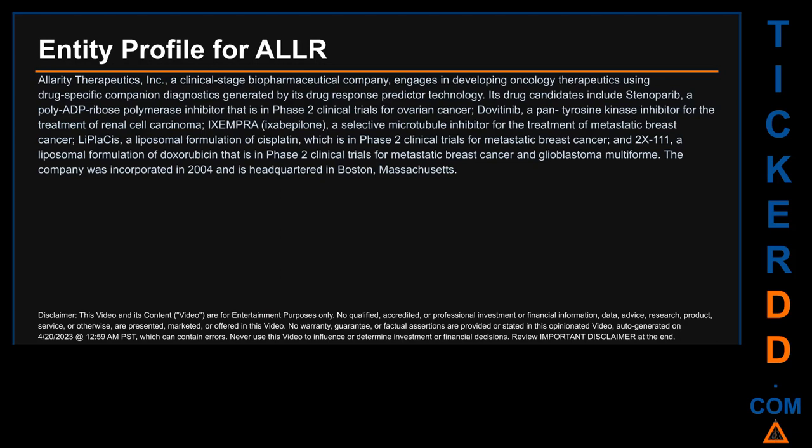Its drug candidates include stenoparib, a poly-ADP ribose polymerase inhibitor that is in Phase 2 clinical trials for ovarian cancer, dovitinib, a pan-tyrosine kinase inhibitor for the treatment of renal cell carcinoma, Xempra, ixabepilone, a selective microtubule inhibitor for the treatment of metastatic breast cancer, Lead-Plus-Cis, a liposomal formulation of cisplatin, which is in Phase 2 clinical trials for metastatic breast cancer, and 2X111, a liposomal formulation of doxorubicin that is in Phase 2 clinical trials for metastatic breast cancer and glioblastoma multiforme.